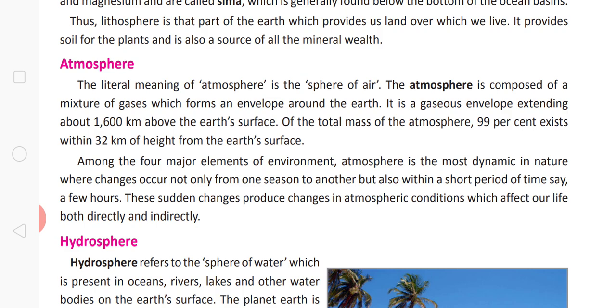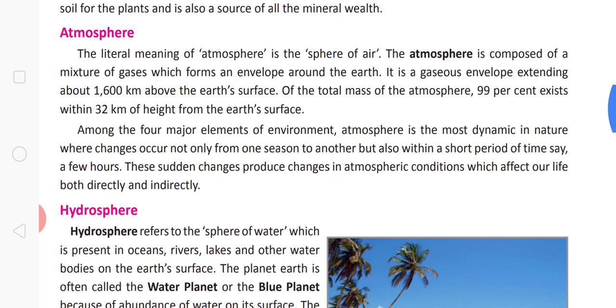Of the total mass of the atmosphere, 99% exists within 32 km of height from the earth's surface. So this is very unique and peculiar.